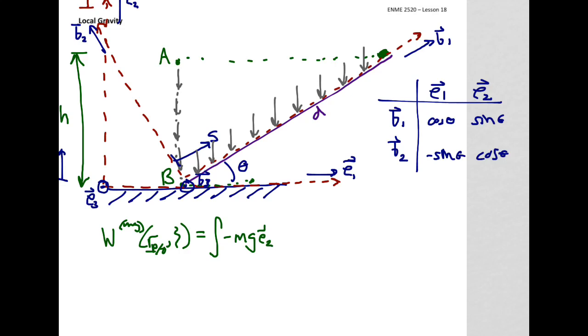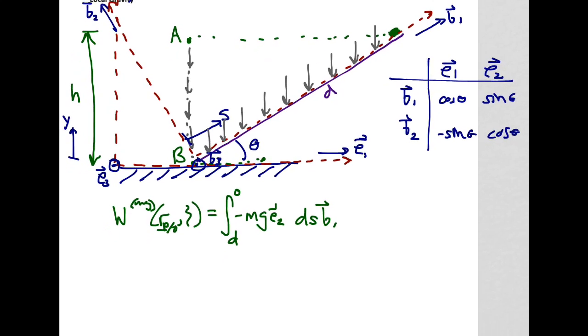And then our differential distance is going to be ds in the B1 direction. And we're going to be starting at a distance d away, and moving to 0. So our integral is d to 0. And then here's our force, and then there's our differential distance that we're going to integrate.